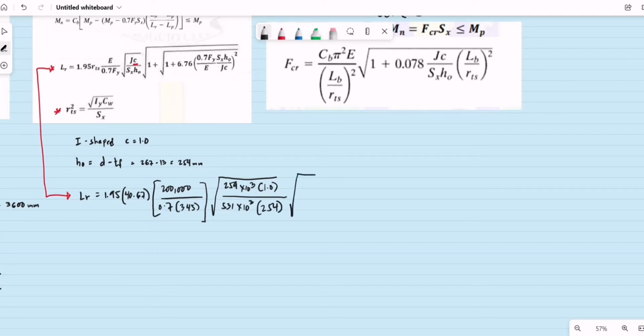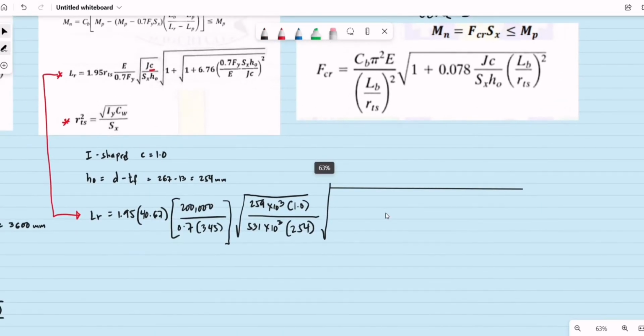Then to be multiplied by the square root of 1 plus, we have 6.76, then multiplied by the quantity 0.7 of Fy, 345 megapascals, S sub x is 531 times 10 raised to 3.